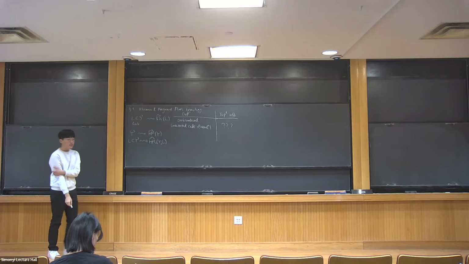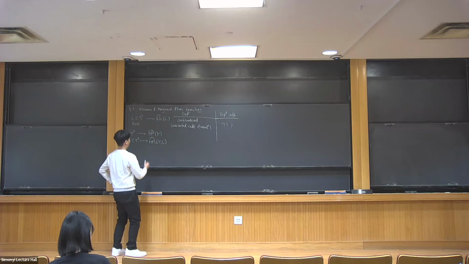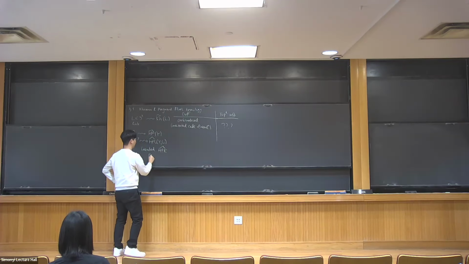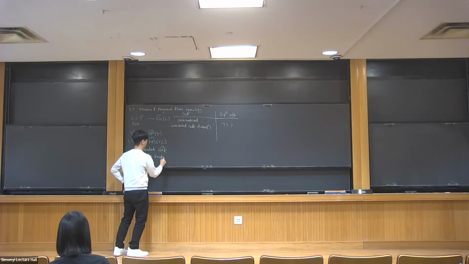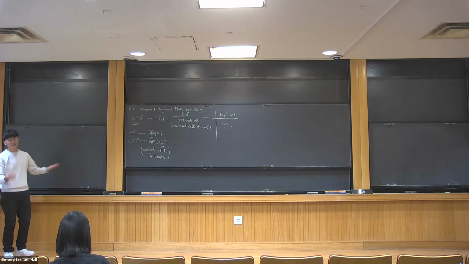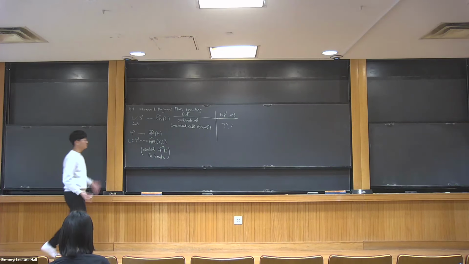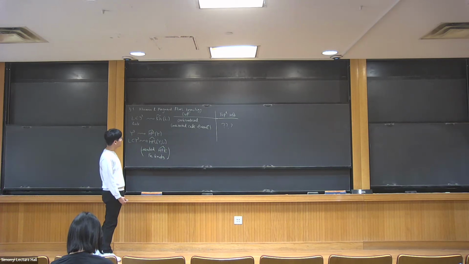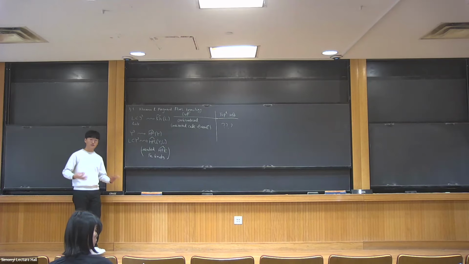Our convention is that we write this as HFK hat for knots. Throughout this talk, knots will be denoted as K and links will be L. And this is defined using Lagrangian intersection Floer theory.